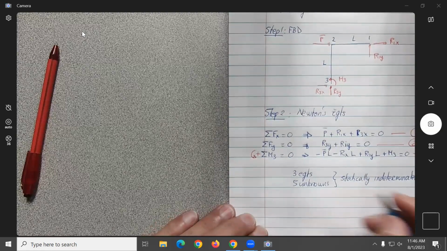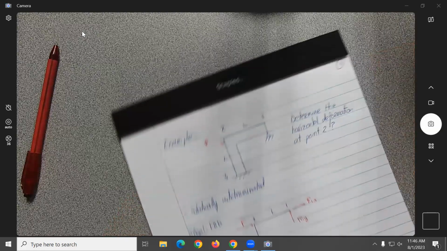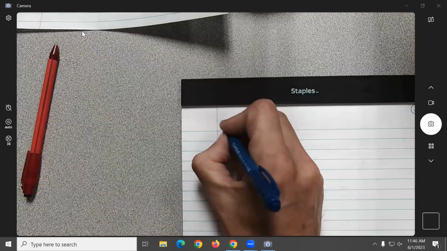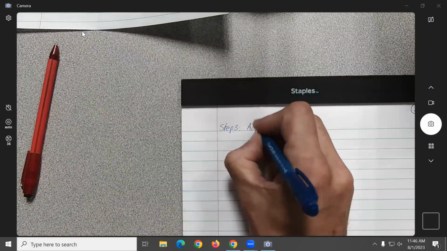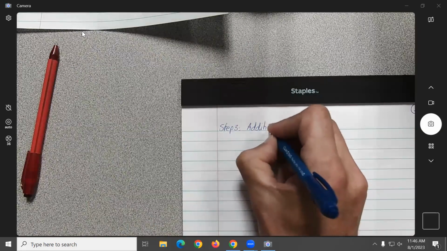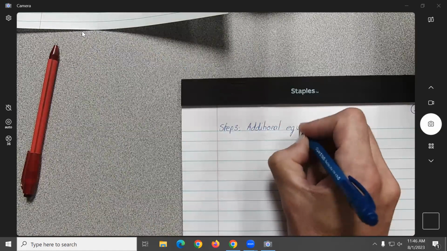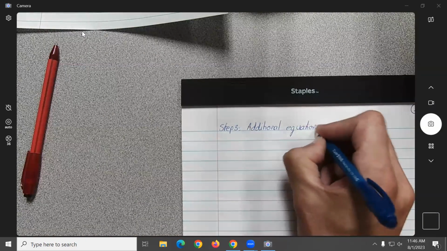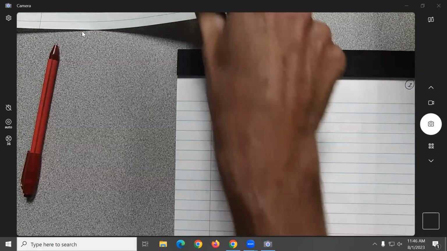Okay, so I go to the next page. But what should be really step 3 in your head? To find the additional equations.